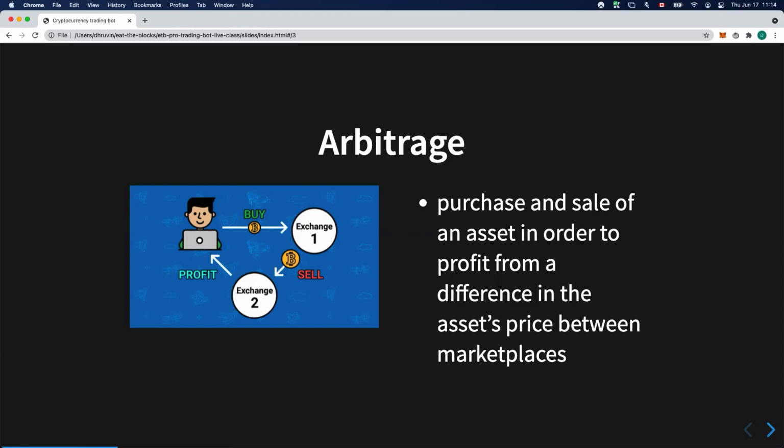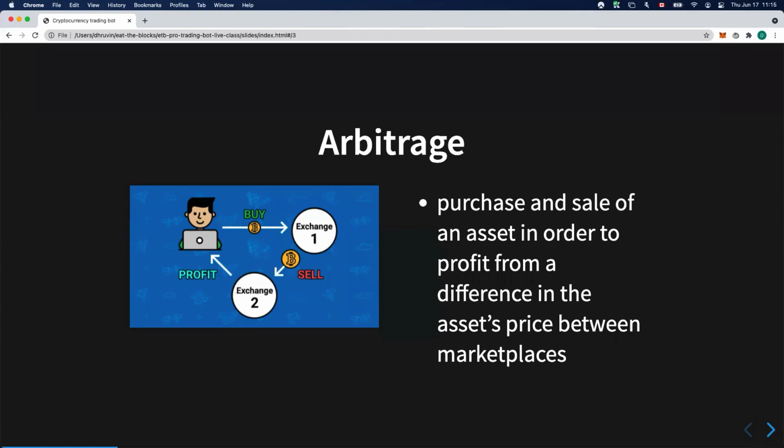So arbitrage is, you have an exchange A and you have another exchange B. What you could do with exchange A and exchange B is take advantage of the price difference of an asset. For example, ETH and USDT is priced at 1 on one exchange, and on the other exchange, it's priced at 1.5. So there is a clear profit of 0.5 on the other exchange.